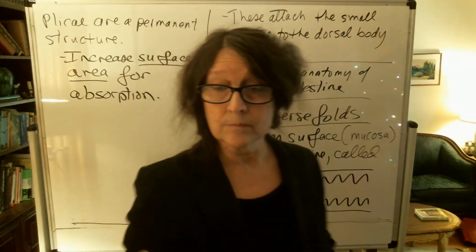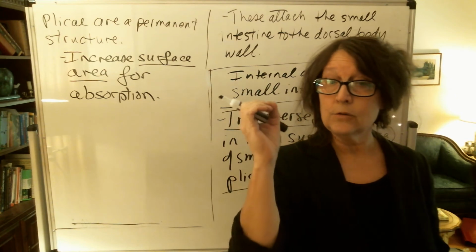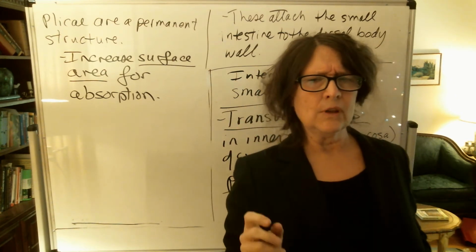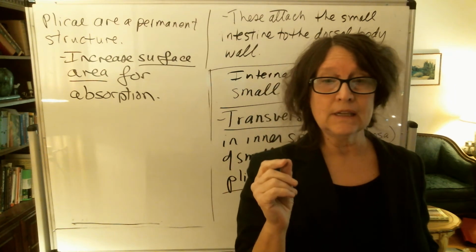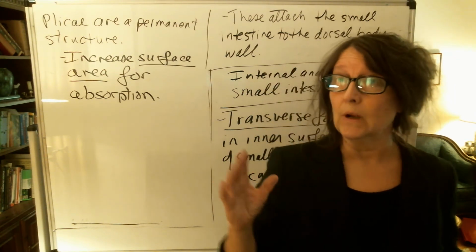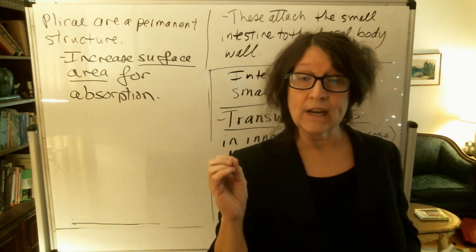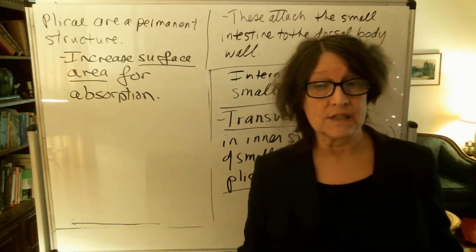In this course, you're going to learn to think like a physiologist. And when you see folds or any kind of seemingly unnecessary tissue and unnecessary ornateness to the tissue, and you can't quite figure out why, very often it is to increase surface area.